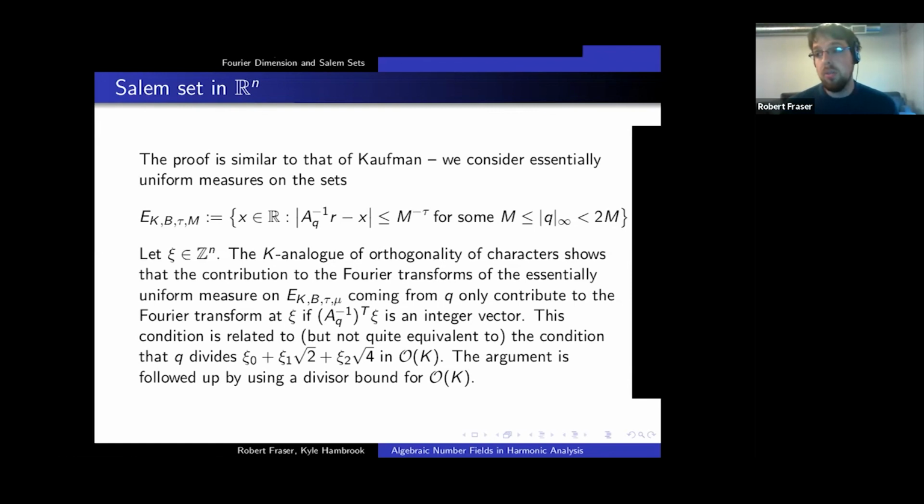And for R2, you often want to give it the structure of the complex numbers and take advantage of complex multiplication. Even though you don't get a field when you do this, you can equip Rn with a multiplication operation that you get by completing these algebraic number fields with respect to the usual Euclidean topology.